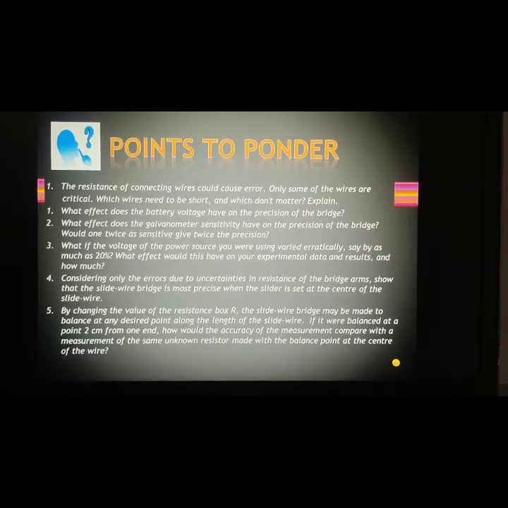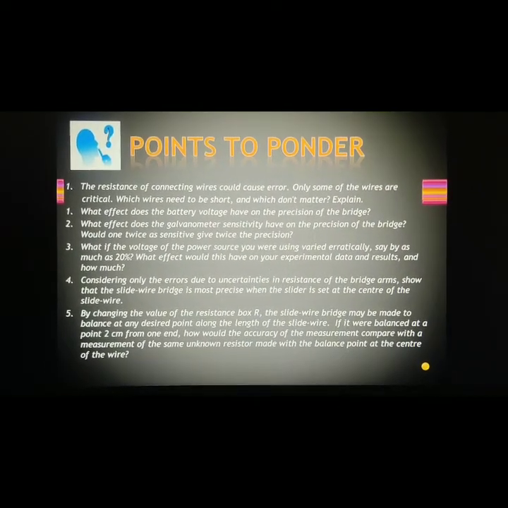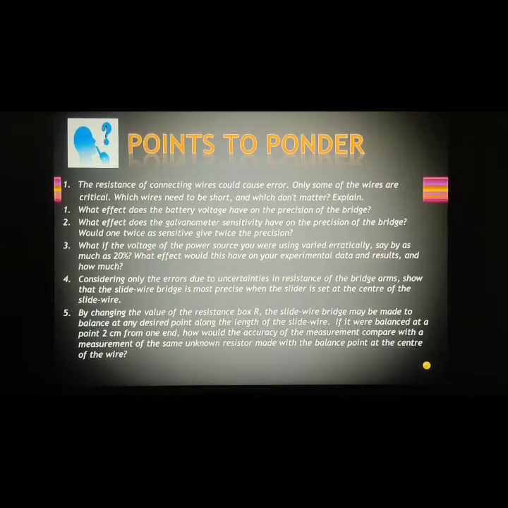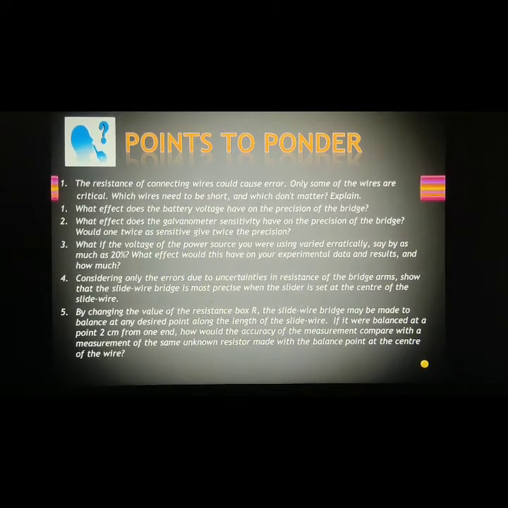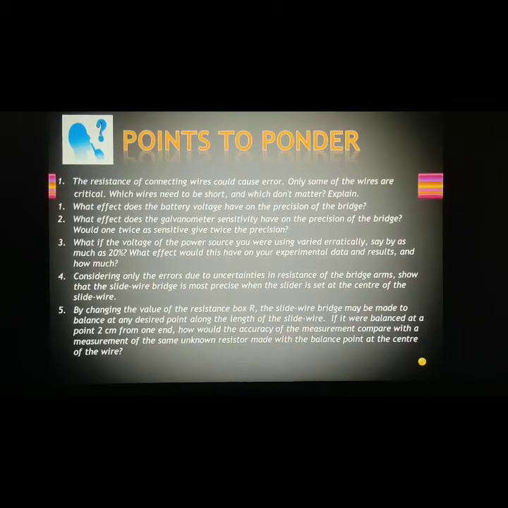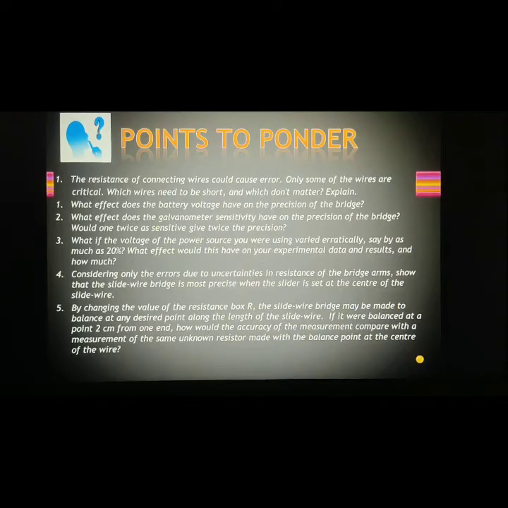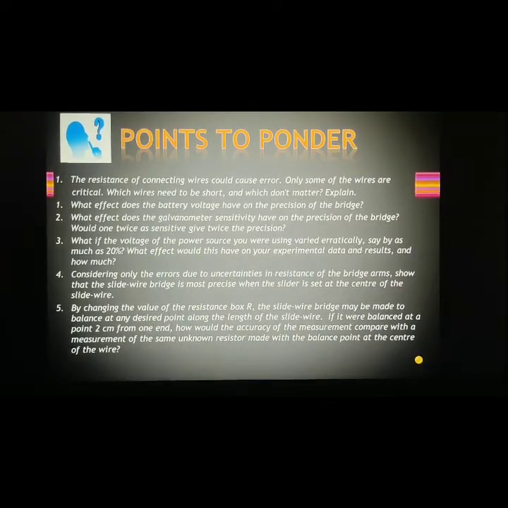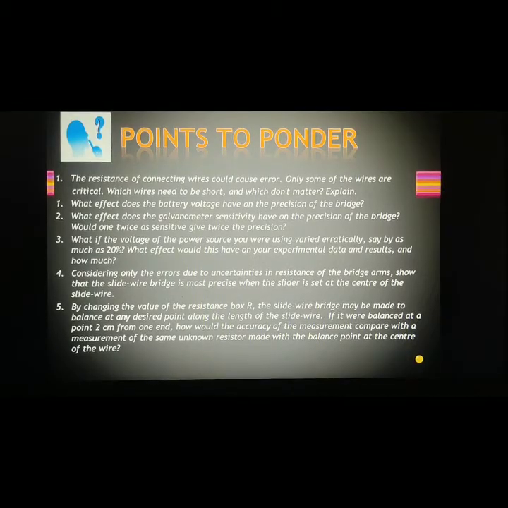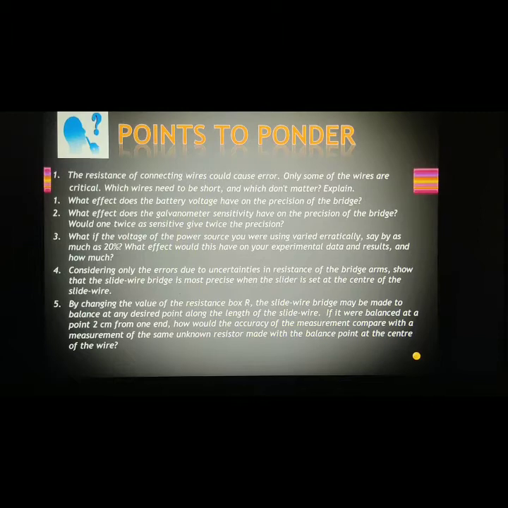What effect does the galvanometer sensitivity have on the precision of the bridge? Would one twice as sensitive give twice the precision? What if the voltage of the power source you were using varied erratically, say by as much as 20%? What effect would this have on your experimental data and results, and how much?